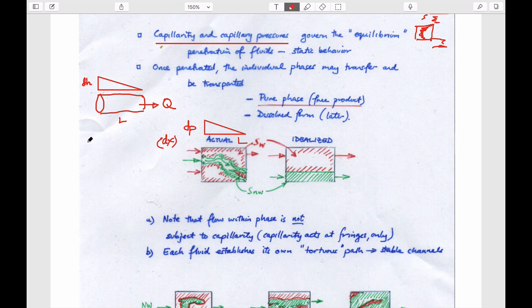And Darcy's Law, if you write it down, is just something like the volumetric flow rate is equal to a cross-sectional area of flow multiplied through by a hydraulic conductivity times a change in head divided by a length over which that occurs.